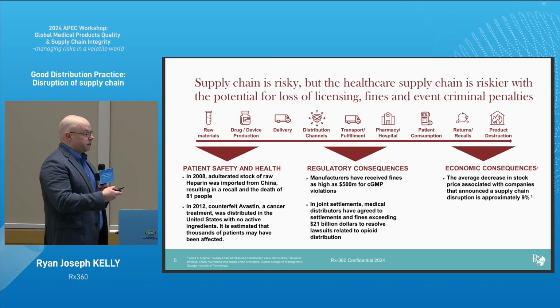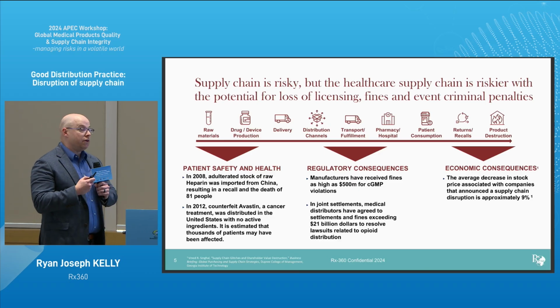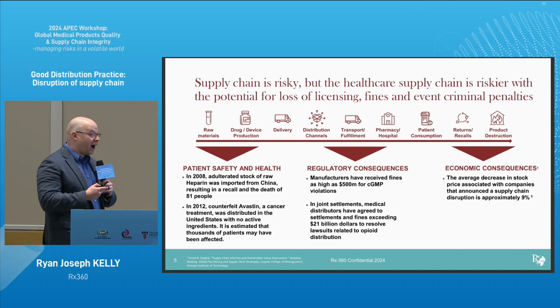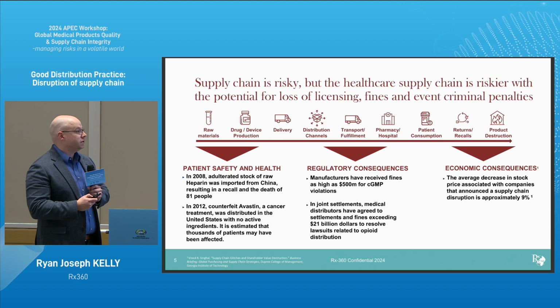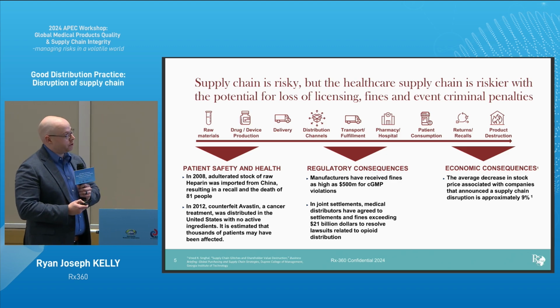And for our member organizations of RX360 and various economies, there's significant regulatory consequences. Manufacturers have received fines as high as $500 million for CGMP violations, or up to $21 billion in lawsuits for opioid distribution.